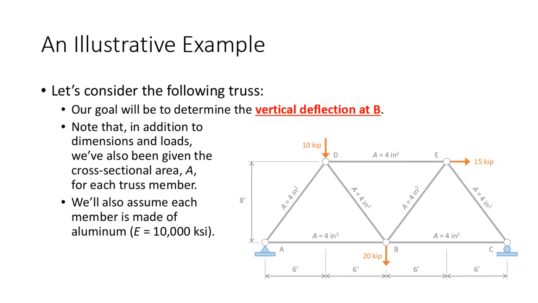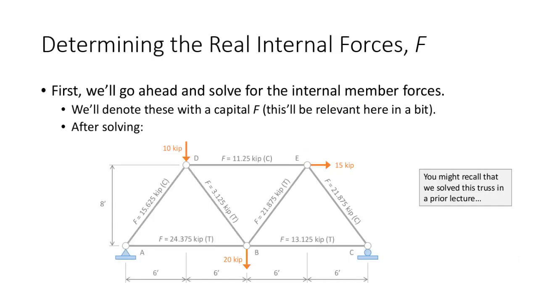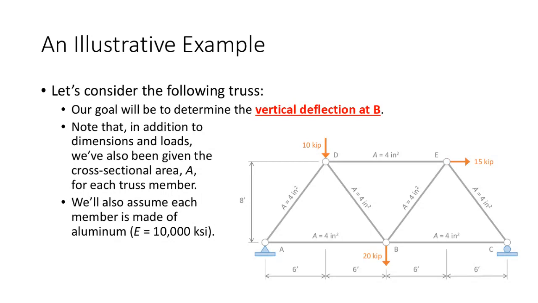I've got A equals 4 square inches and A equals 3 square inches, which, by the way, I think have some typos, because I meant for these members to have different sizes. I'll fix that in a re-upload if I need to. I've got cross-sectional areas for each member. We're also going to assume each member is made of aluminum, and that matters because I need the Young's modulus, the E value.